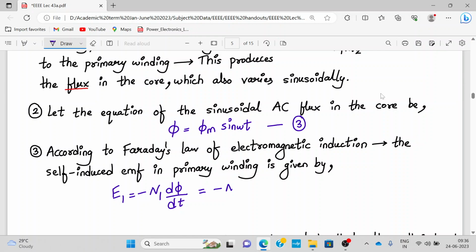We get minus N1 d by dt of phi m sine omega t. Phi m is a constant, and the differentiation of sine omega t will be cos omega t.